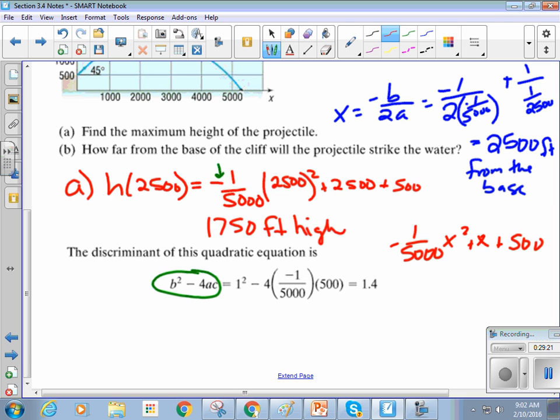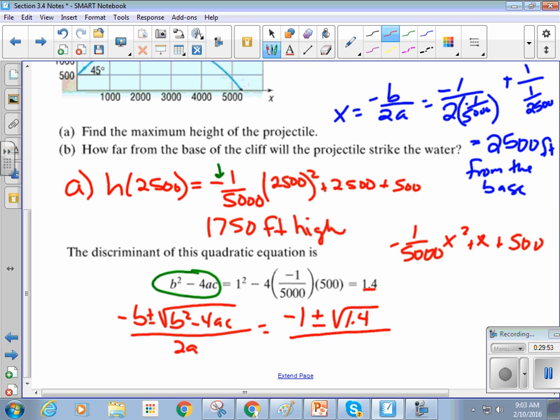So what I'm going to do is I'm going to use the quadratic formula, negative b plus or minus square root b squared minus 4ac, which we've already calculated, divided by 2a. So I already know that b squared minus 4ac is 1.4. We have done the mathematical calculations on that. So now we just have to go negative 1 plus or minus square root of 1.4 divided by 2 times negative 1 over 5 grand.